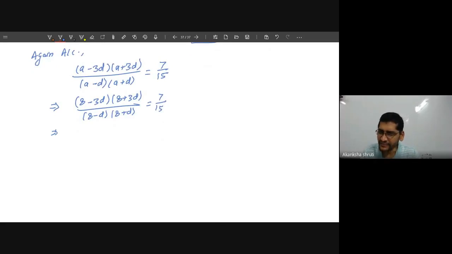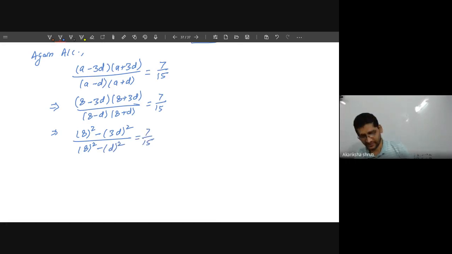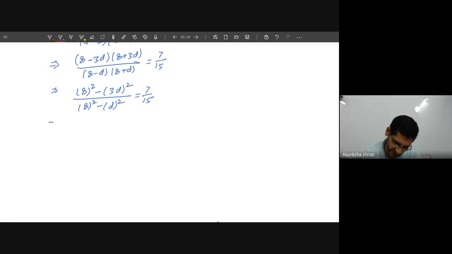In the numerator, the identity a minus b into a plus b can be applied to convert it into 8 square minus 3D square divided by 8 square minus D square is 7 by 15. Okay, students? So this way you will get 64 minus 9D square by 64 minus D square is 7 by 15.